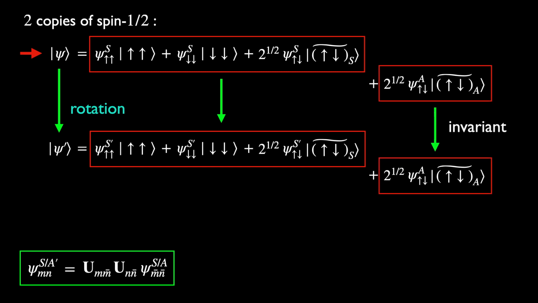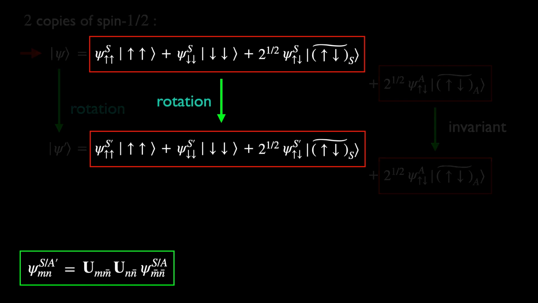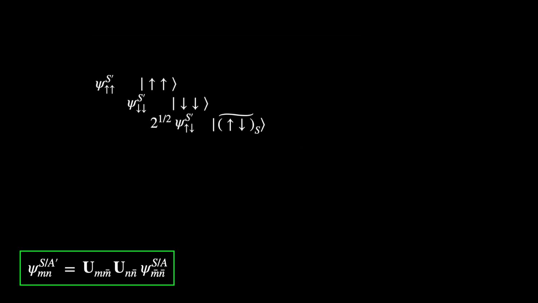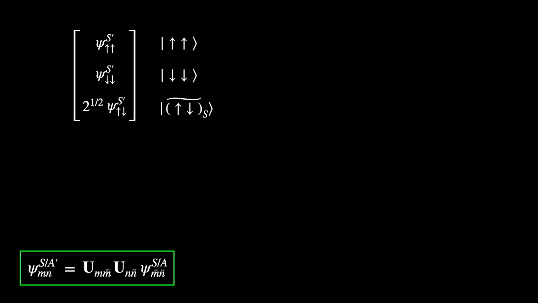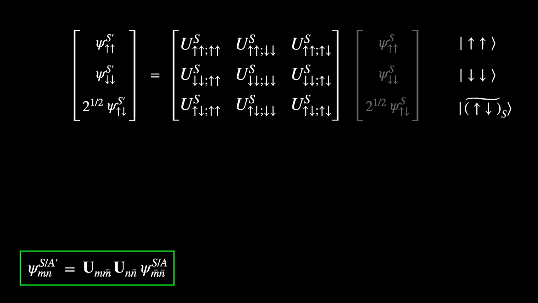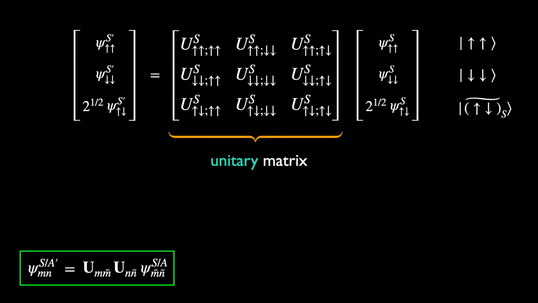Let's put all these in a matrix form, starting with the symmetric part. Symmetric components are rotated into symmetric components by a unitary matrix. This is because a unitary transformation transforms an orthonormal basis into another orthonormal basis. This applies to our case.